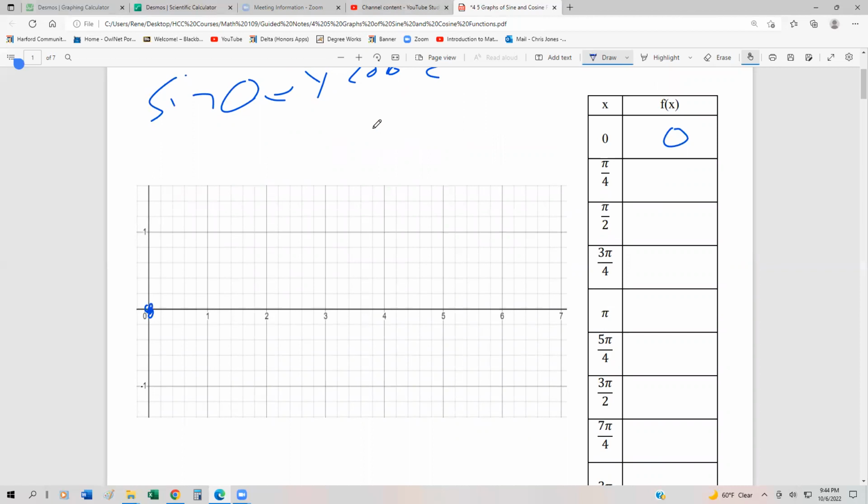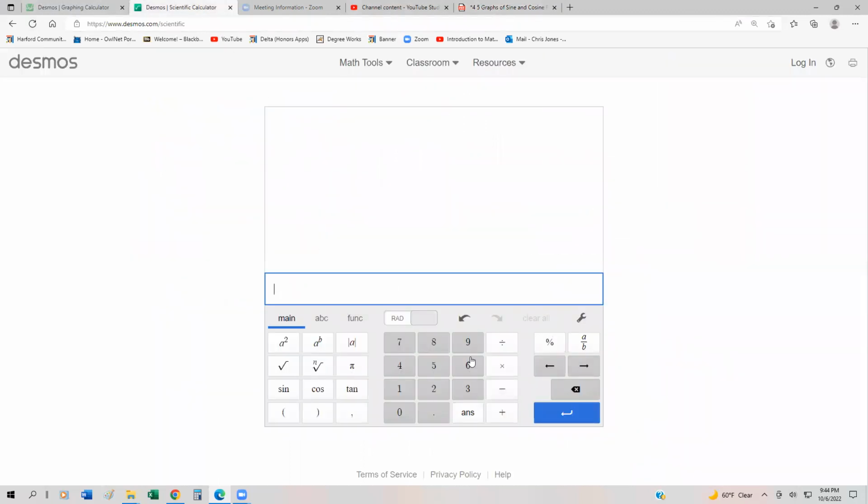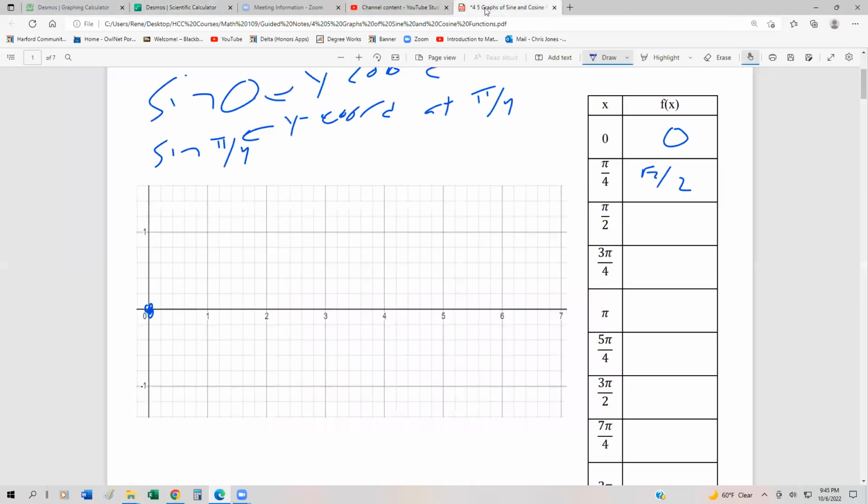Then we need the sine of pi fourths. Again, that's the y coordinate at pi fourths on our unit circle, and that's going to be the square root of 2 over 2. Now, in our calculator, we should get an idea of what root 2 over 2 is. Root 2 over 2 is going to be 0.707. I'll say 0.71 because we're going to be graphing this. We're also going to get these values as well.